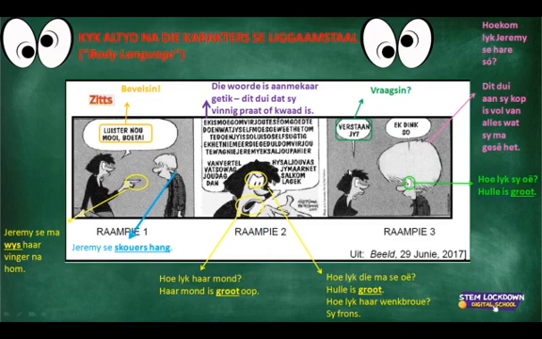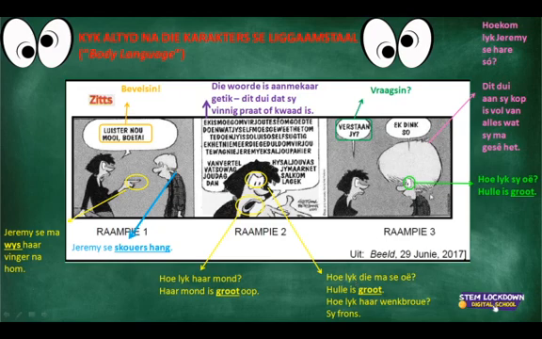Now we go to frame 3 and we look. After she has had a go at her son, she now asks, verstaan jy? Do you understand? So what type of sentence is that? That is a vraagsin. Now we look at Jeremy. Look how he's changed from frame 1 to frame 3.